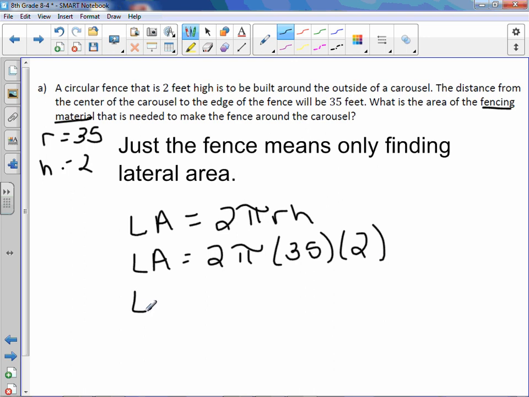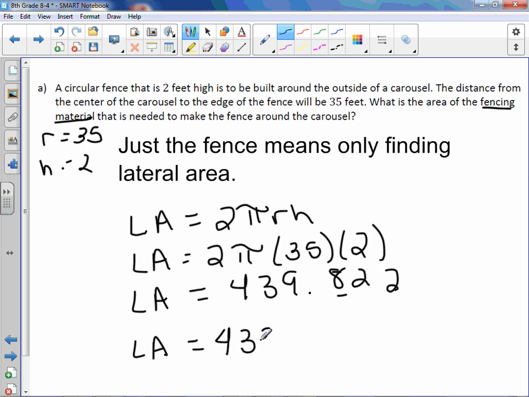I'll multiply together and we get 439.822. To the nearest tenth, 439.8 square feet.